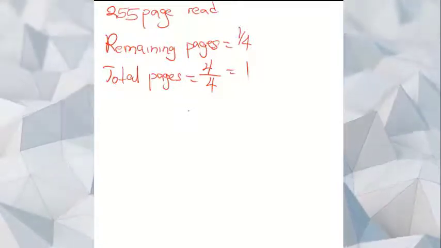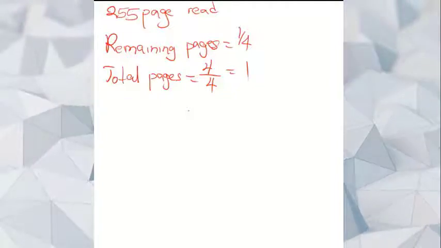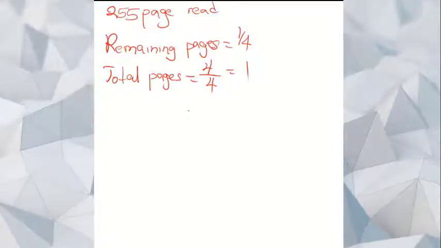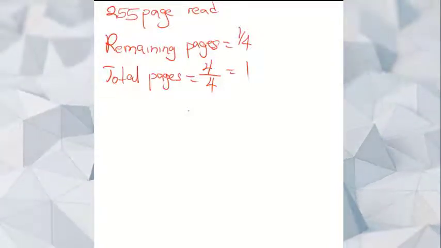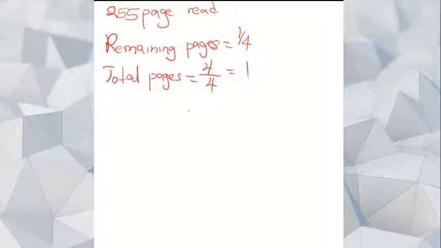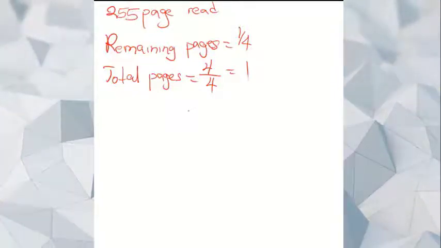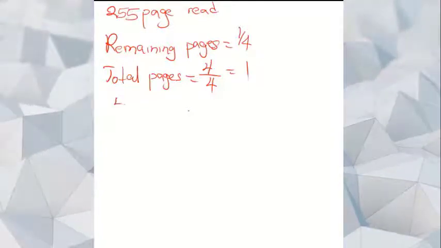That is the total page number of all the pages in the book. And then we are meant to understand that 255 has been read, and still remaining is 1/4.